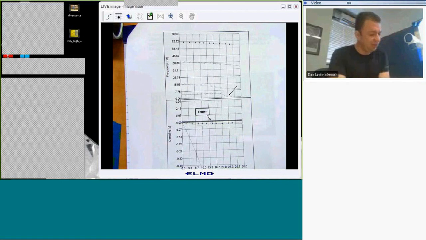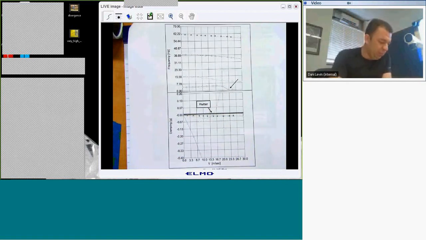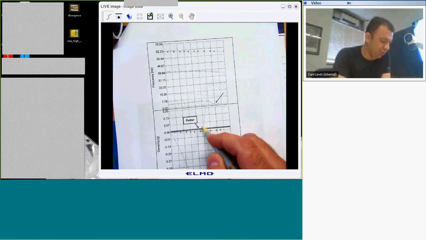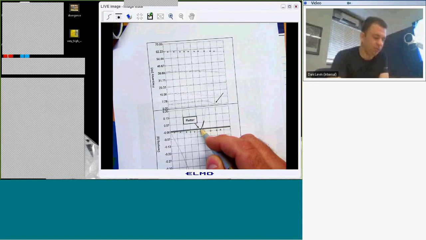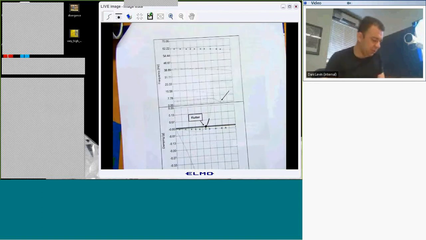Sorry, yes, the frequency, of course. The lower portion is our total damping, and whenever the damping is negative, we are very happy, and once the damping becomes positive, it means that we are going to flutter. This is our solution for flutter, the transition.